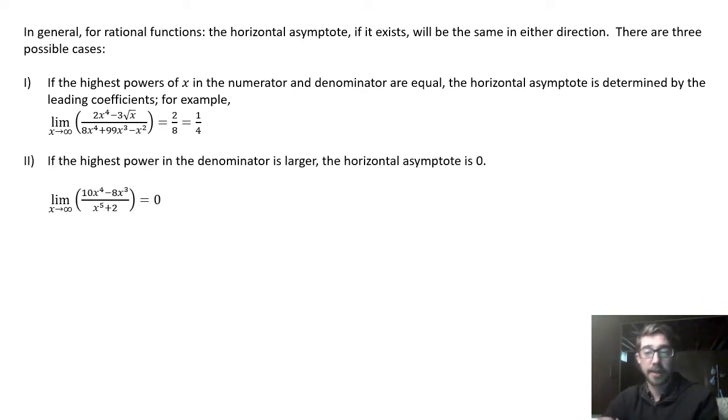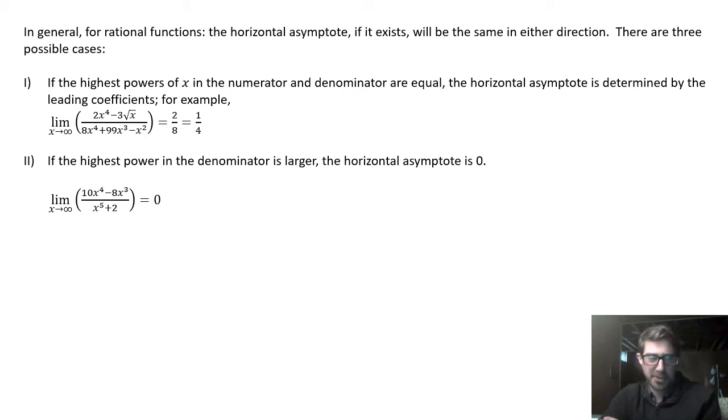Case 2 is like the example we most recently saw. If the highest power appears in the denominator, then it just goes to 0. So again, imagine doing that algebra move and dividing everything here by x to the 5th. Everything except the x to the 5th would go to 0, and the x to the 5th would, in this case, go to 1.